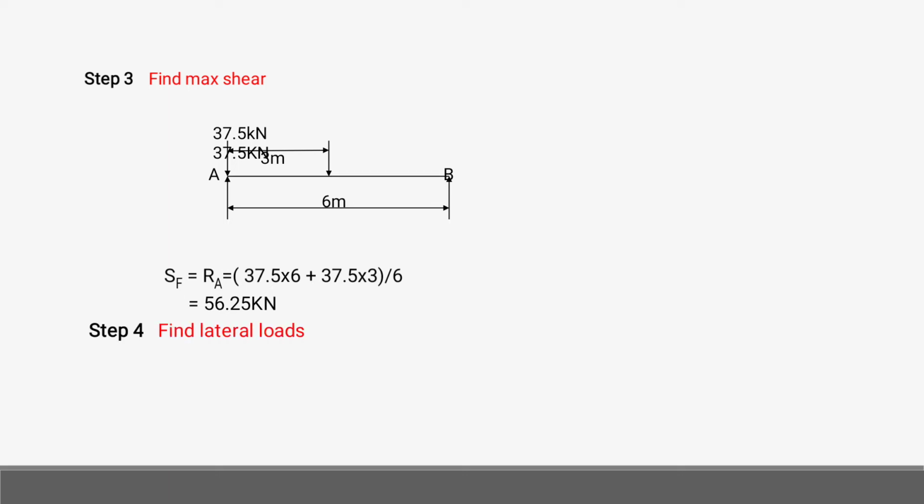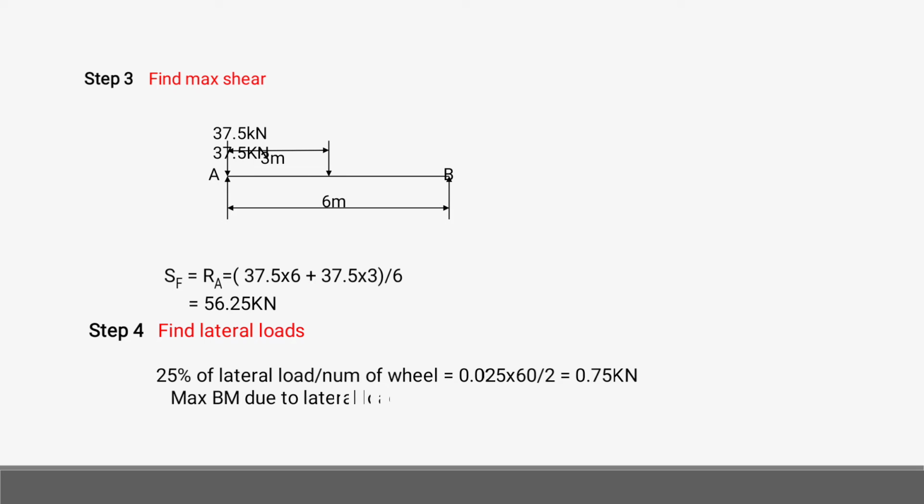Step number 4: find lateral loads. 25% of lateral load by number of wheel loads. 25% means 0.25 into 60 by 2, equal to 0.75 kilonewton. Then maximum bending moment due to lateral load is 1.27 kilonewton meter.